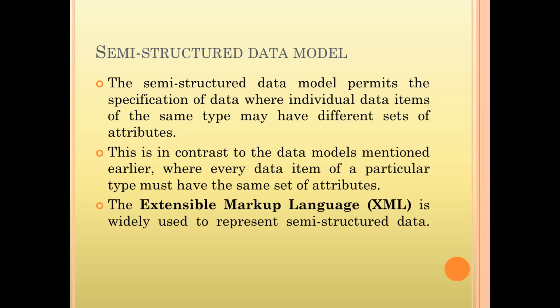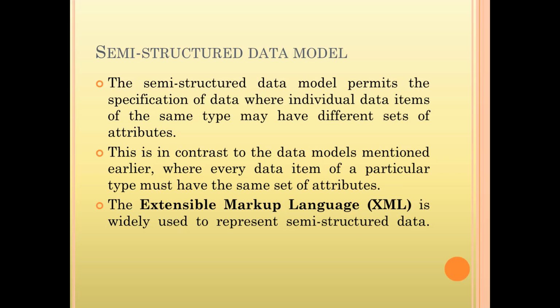Next comes the semi-structured data model. The semi-structured data model permits the specification of data where individual data items of the same type may have different sets of attributes. An individual data item cannot have a different set of attributes when we talk in terms of the relational model.